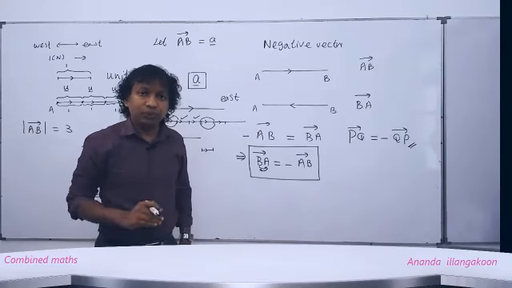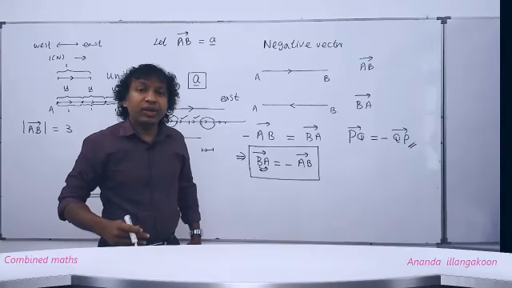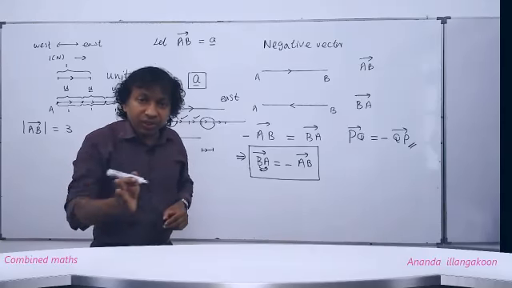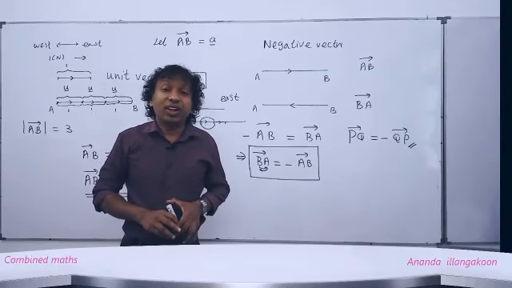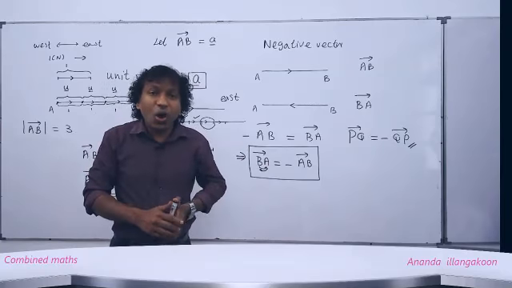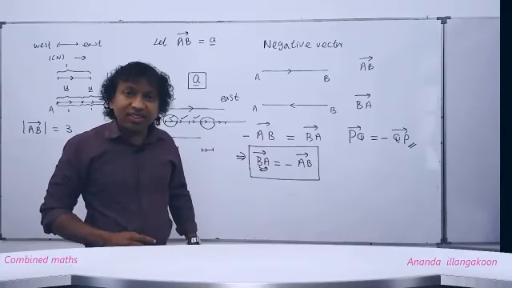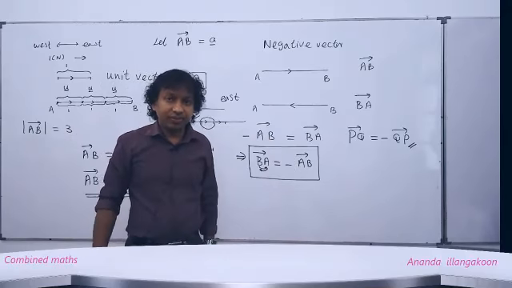That's true. But people, what can you say secondly? Even though there are infinitely many unit vectors along a given direction, all those unit vectors are equal. If all are equal, how many unit vectors then exist? Only 1. Why? The rest are equal to that. Understood?